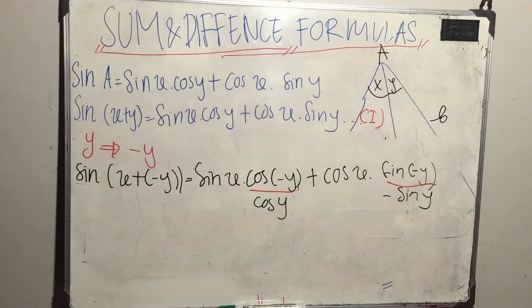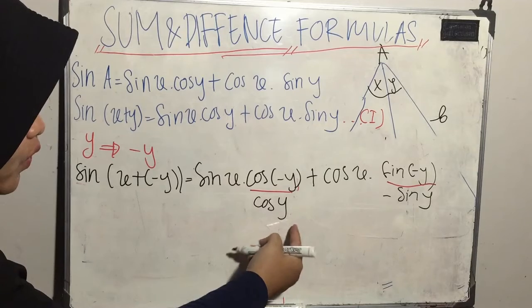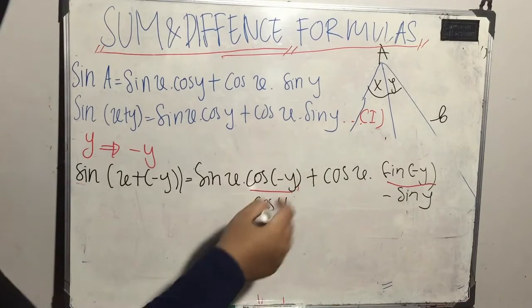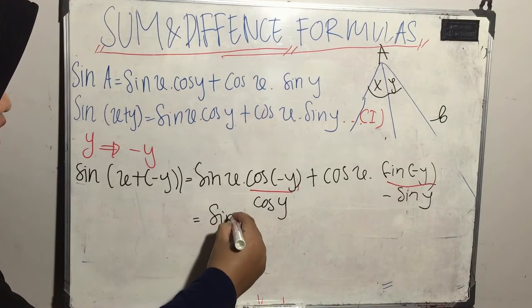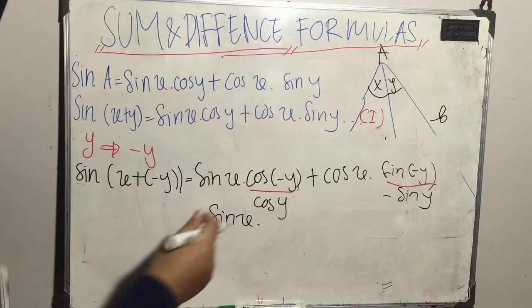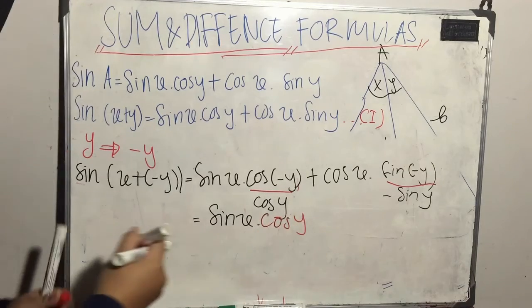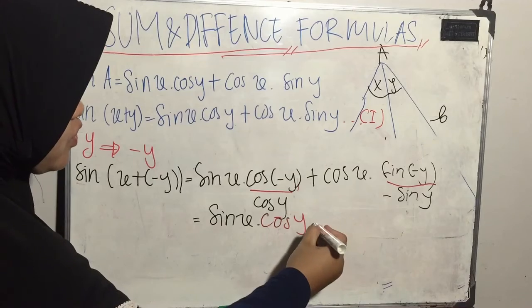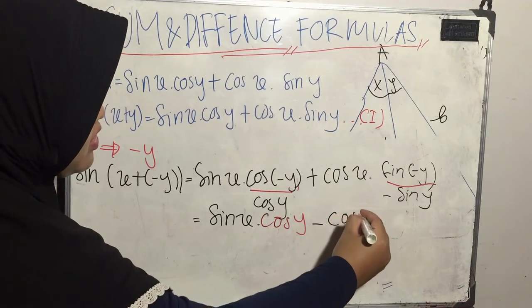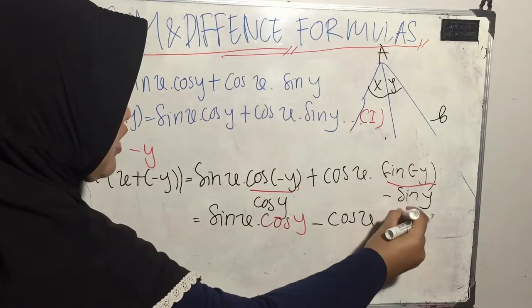So cosine minus Y is just cosine Y, and the other still has a minus. So from here we can continue: sinus X times cosine Y, and because this one is minus, we put it here, so this one is minus cosine X times sinus Y.